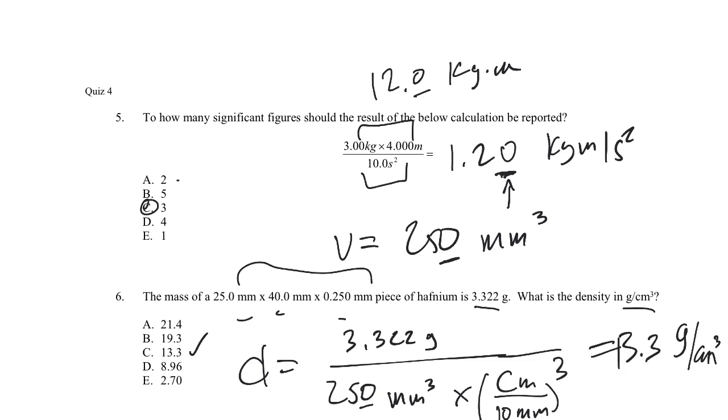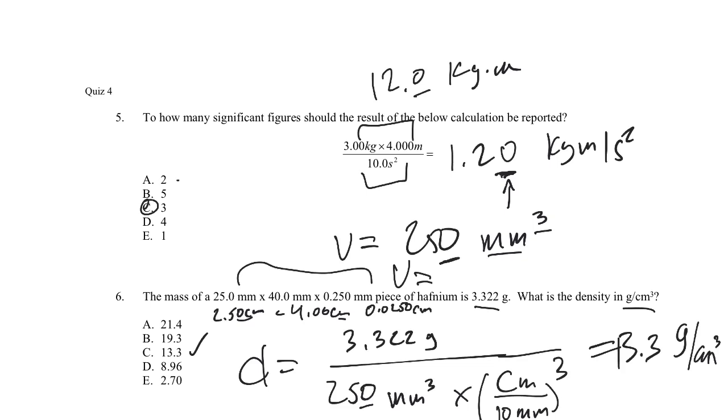Now, one other approach we could have done is just convert these to centimeters right off the bat. So instead of calculating the volume in cubic millimeters, what if I just converted 25.0 millimeters to centimeters? So that would be 2.50 centimeters. This would be 4.00 centimeters and 0.0250 centimeters.